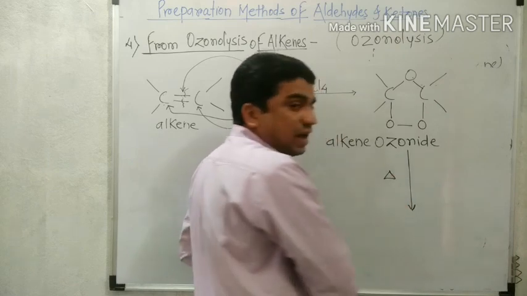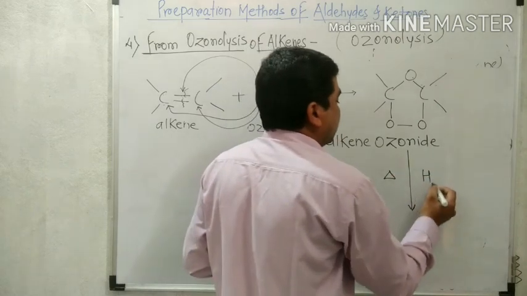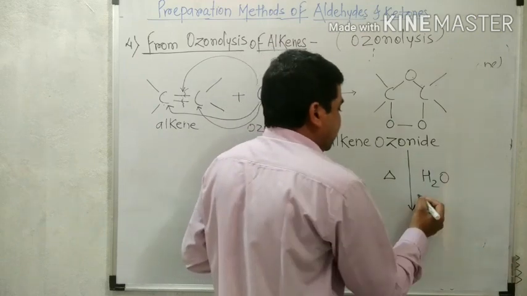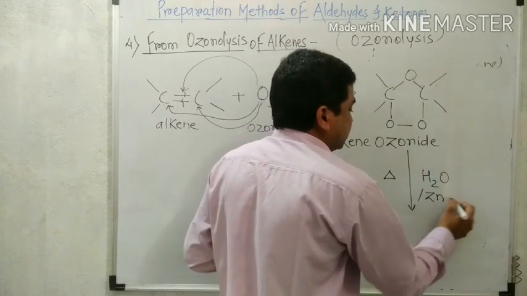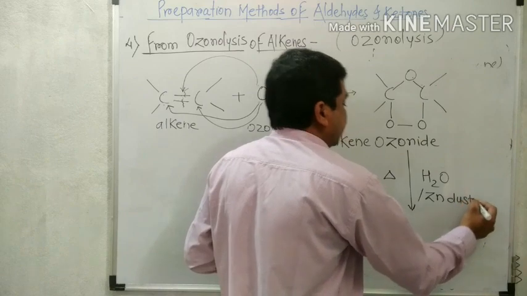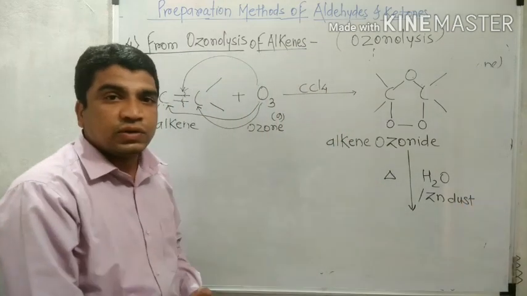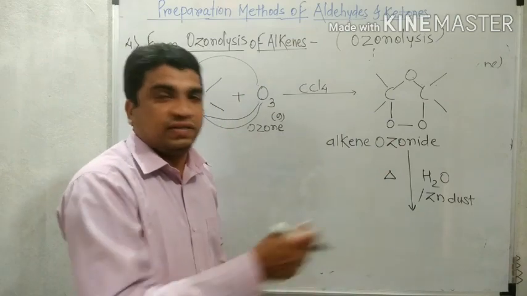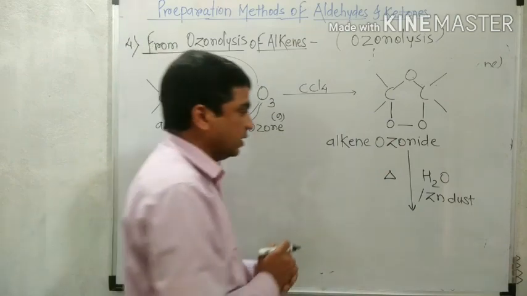And this alkene ozonide is reacted with warm water, H2O, in the presence of zinc dust as a catalyst for the process. Why is zinc dust used? We will describe it after the end of the reaction.